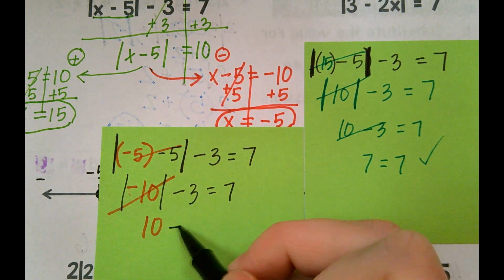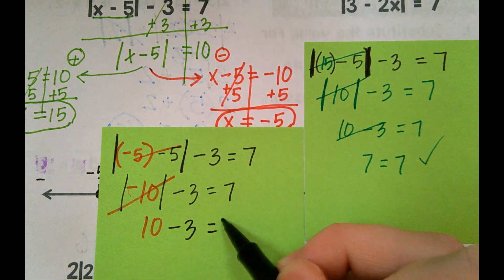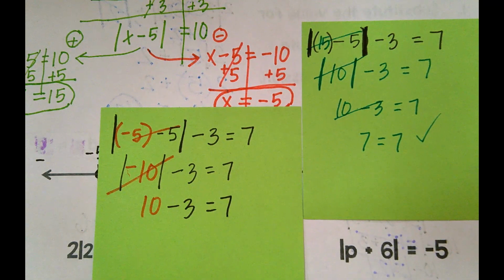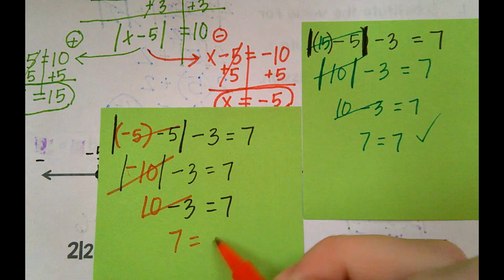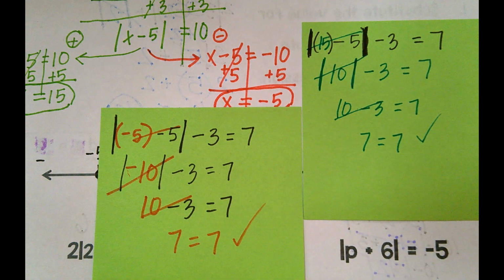Bring down minus 3 equals 7. What's 10 minus 3? 7. 7 equals 7. It works. I think that's kind of cool. So that's why we're splitting it into the negative 10 and the positive 10, so that we make sure we get both of the x values that work.